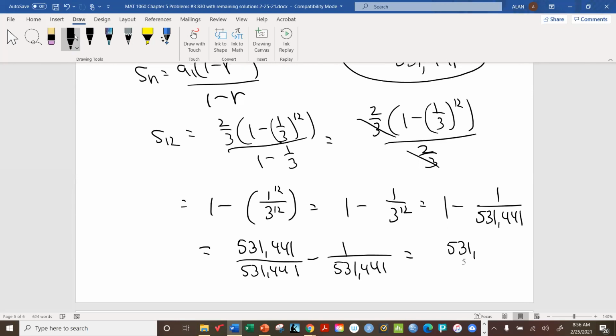That's better. All right, much better. So it's 531,440 over 531,441. Now we're all set. And again, it's a number that's just a hair under 1. And again, it's because we're adding a progressively smaller set of numbers.